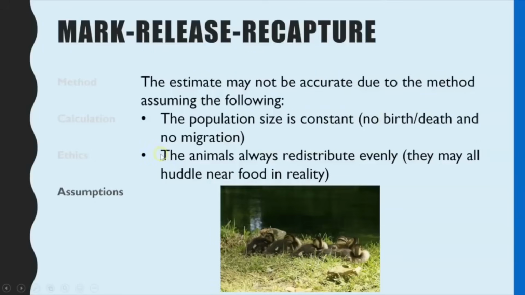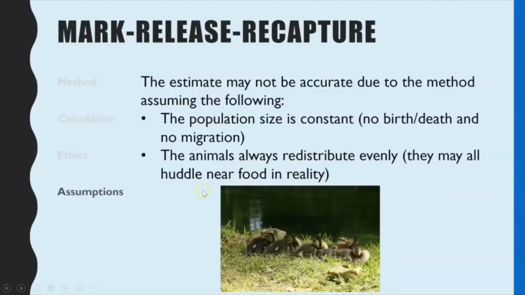The second point is we assume that when we leave the animals for that period of time to redistribute, that they do actually redistribute evenly. So when you are then collecting your sample, you are getting an equal distribution and representing the population accurately. However, that's not always the case. Often animals will not redistribute evenly, and instead all the animals will huddle in one particular area.